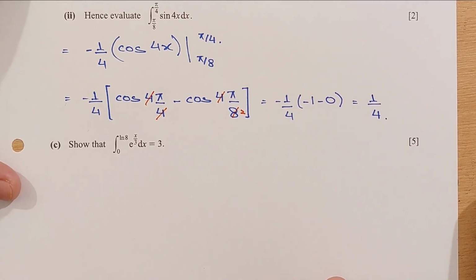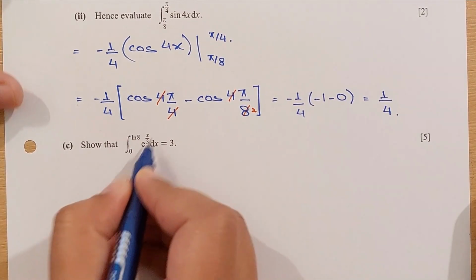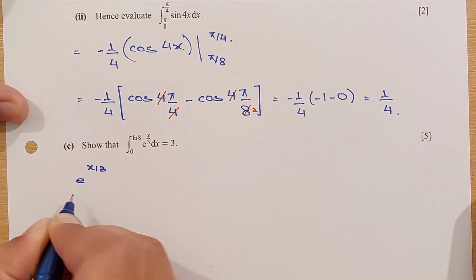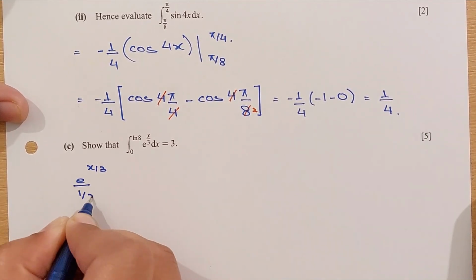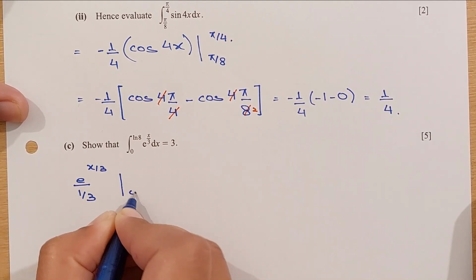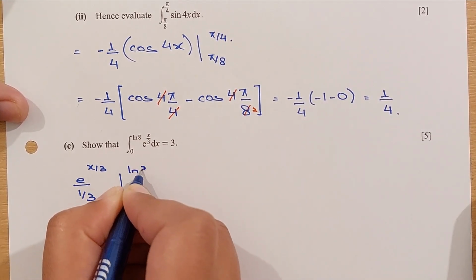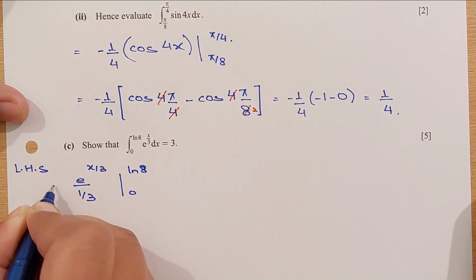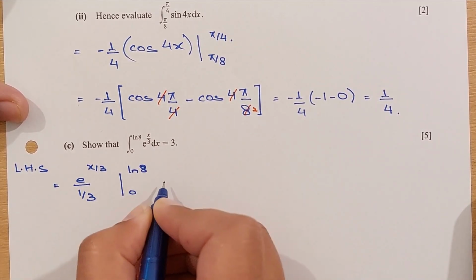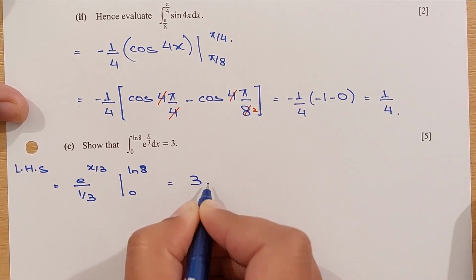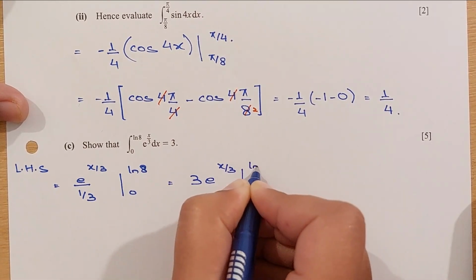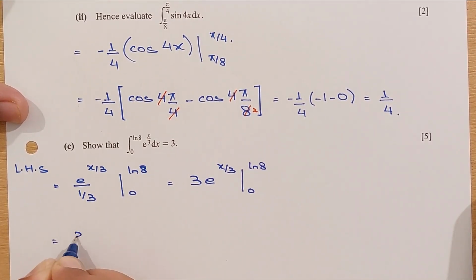Now for part C, show that this integral equals 3. Okay, so the integration of the exponential function is e power x by 3, divided by the derivative of x by 3, which is 1 by 3, and the limit is from 0 to ln of 8. This is my left hand side I'm solving. So in the next step we can say 3 e power x by 3 from 0 to ln of 8. 3 is outside.